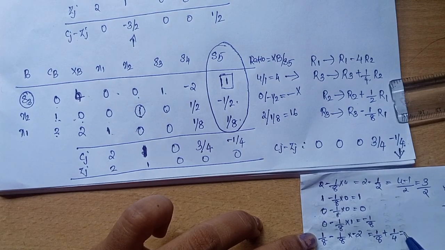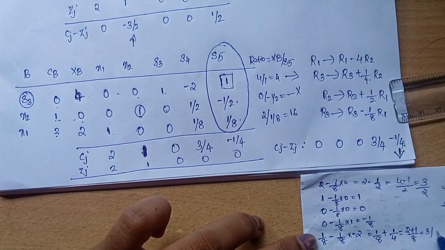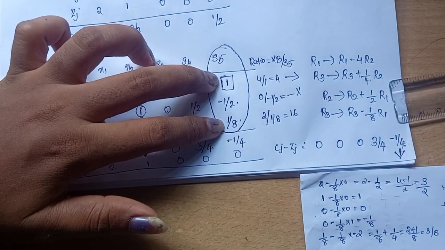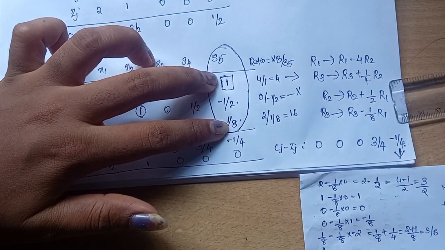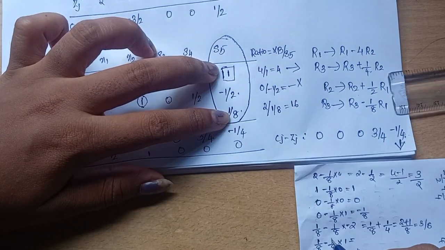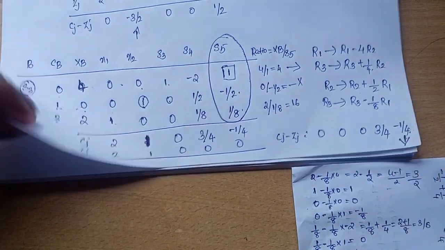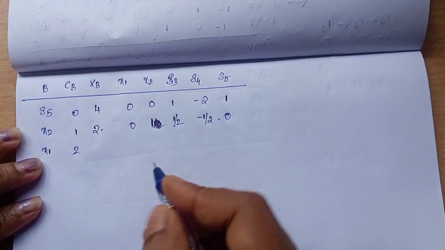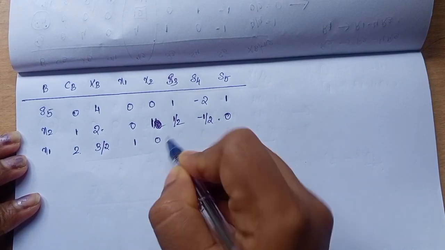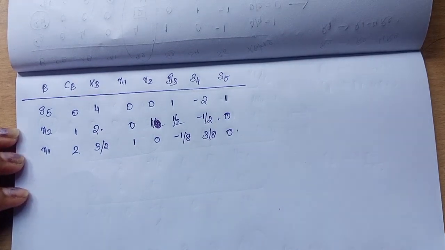Take the LCM, we get 2 plus 1 by 8, that is 3 by 8. And for the last column this is 1 by 8 minus 1 by 8 into 1, that is 1 by 8 minus 1 by 8 equal to 0. So the third row becomes 3 by 2, 1, 0, minus 1 by 8, 3 by 8, 0.